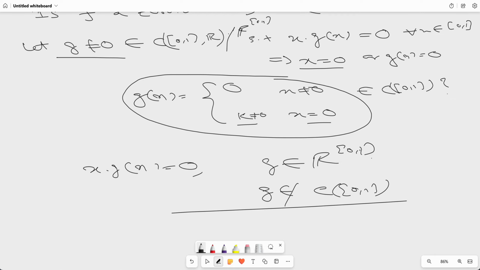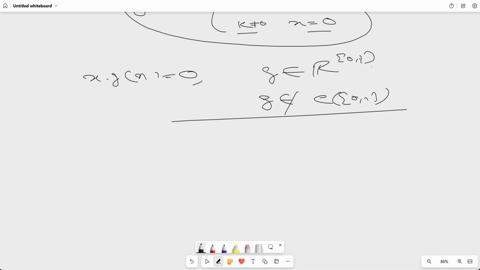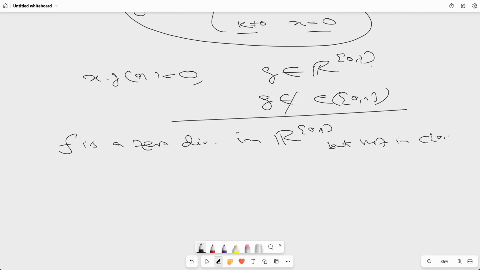Okay, so f is a zero divisor in R^[0,1], but not in C[0,1].